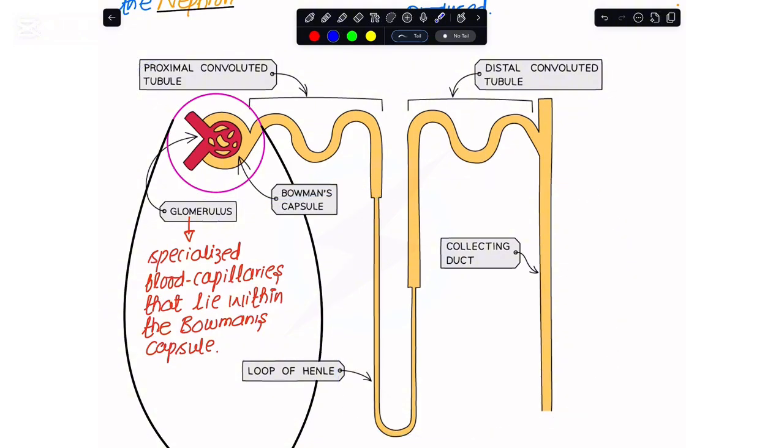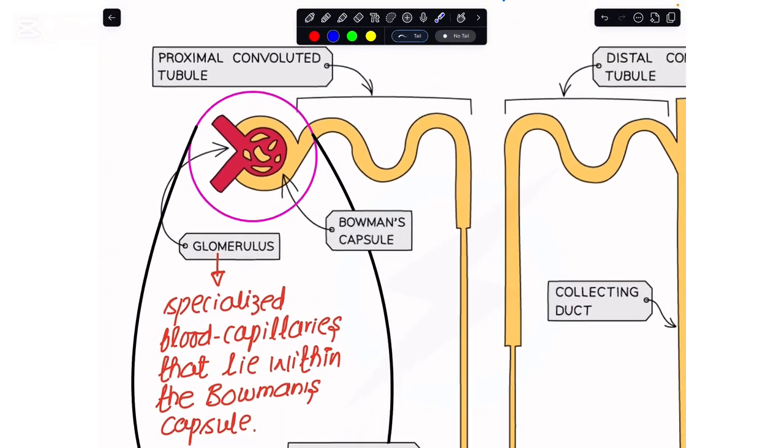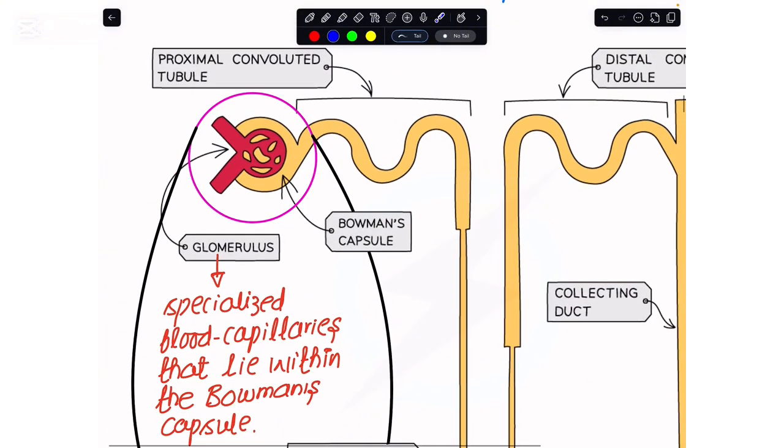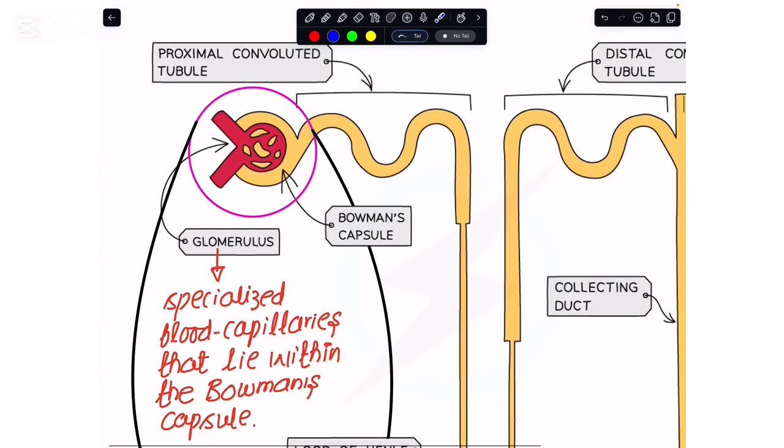Now, I also have to make sure that blood comes to these kidneys. You see that within this Bowman's capsule, we have this tuft of capillaries. These are a lot of blood capillaries embedded into the Bowman's capsule, and they are what we call the glomerular capillaries.